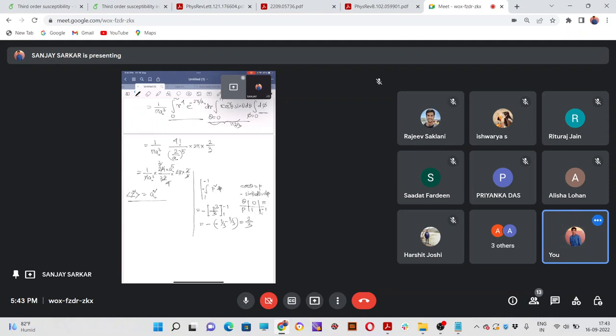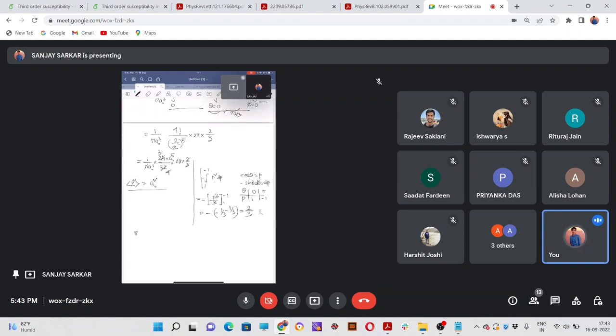Similarly, the expectation value of r square is r square, 1 by pi a naught cube, exponential minus 2r by a naught. Since here we don't have any theta or phi dependence, we'll directly write it as 4 pi r square dr. Whenever there is no theta or phi dependence, we can write the volume element as 4 pi r square.